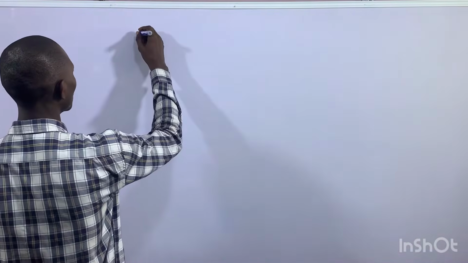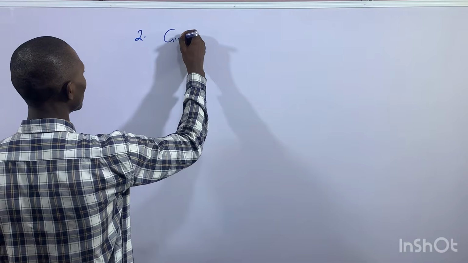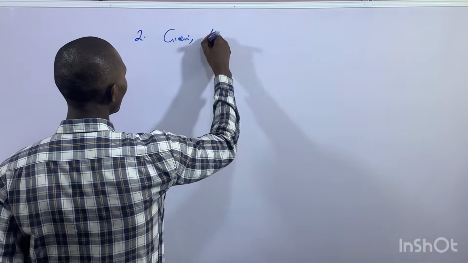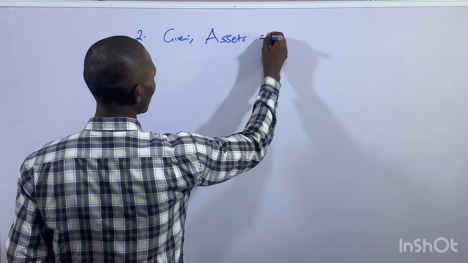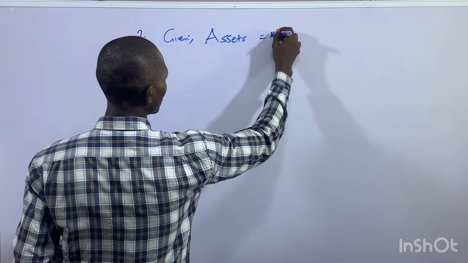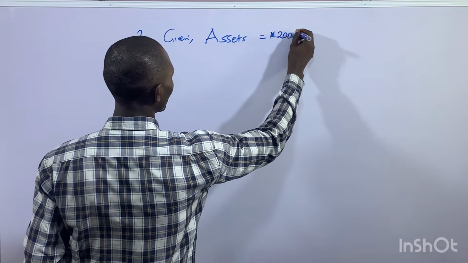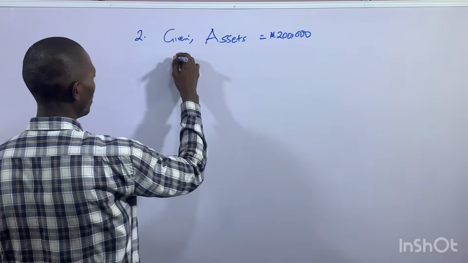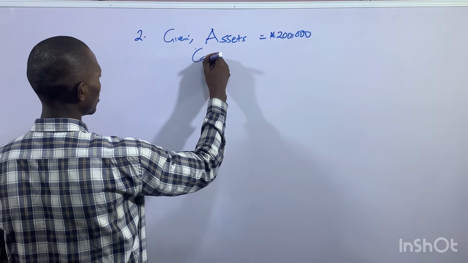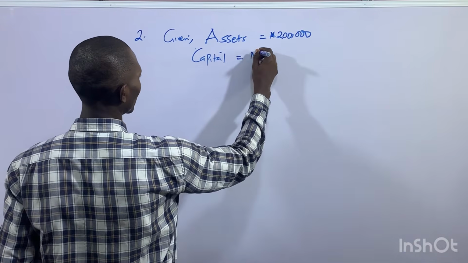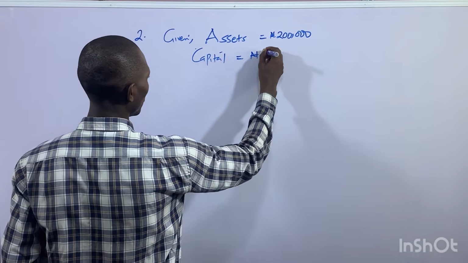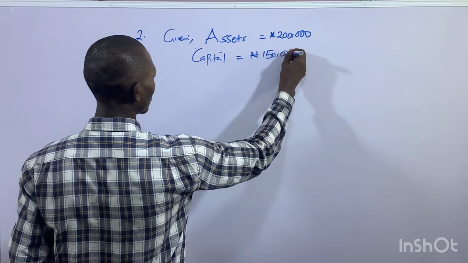So illustration 2 now. Given asset as 200,000. Then you have capital as, let's say, 150,000.